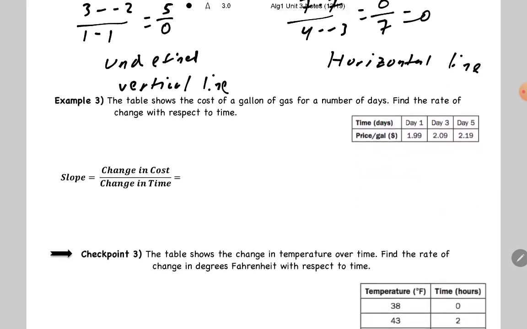Alright, the table shows the cost of a gallon of gas for a number of days. Find the rate of change with respect to time. Okay. So one way to think of it is this is x and this is y. And we're doing rise over run.